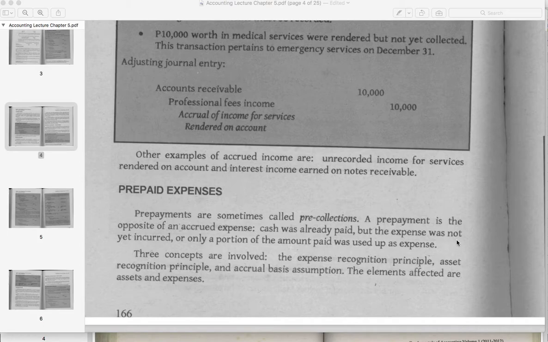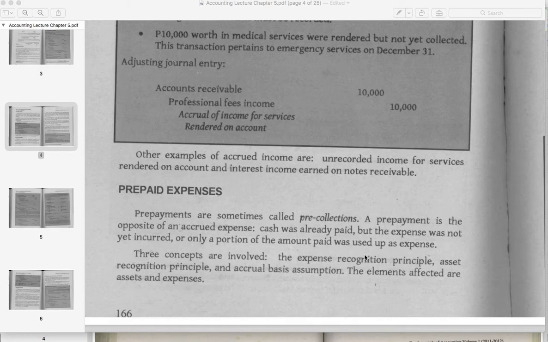Sabi ka, prepayment is the opposite of an accrued expense. Cash was already paid, but the expense was not yet incurred, or only a portion of the amount paid was used up as expense. Diba? Pag accrued expense, we already have incurred the expense, but we are still going to pay it.